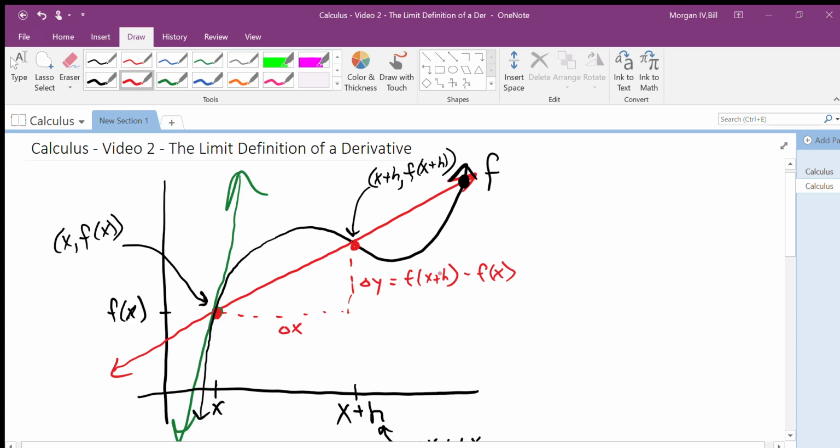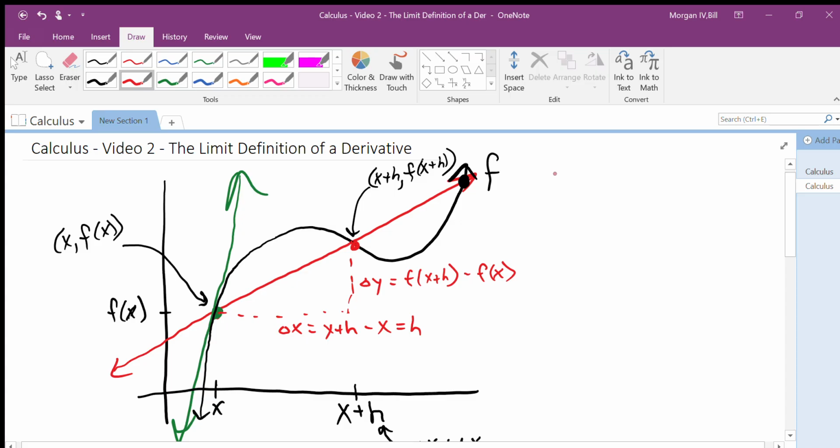So the delta y, the change in the y value, is f of x plus h minus the f of x value. And the delta x is the right-hand x value, x plus h, minus the left-hand x value of x. Here, though, you see the x's cancel, and we're just left with h. That should make sense. The distance between x and x plus h is a distance of h.